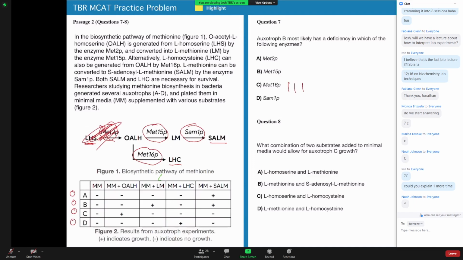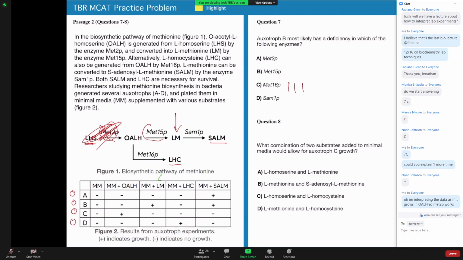So then you go to the next step, okay? Right here. Minimal media plus LM. So now we're feeding LM. So we've bypassed this step, right? We've bypassed this. So is this thing present? Absolutely. So this does not have a deficiency because under LM it grows, right?